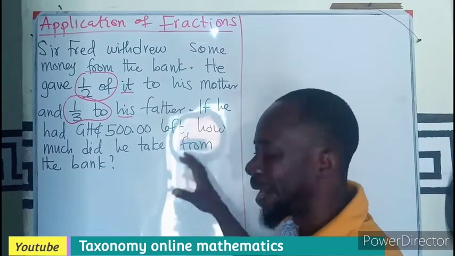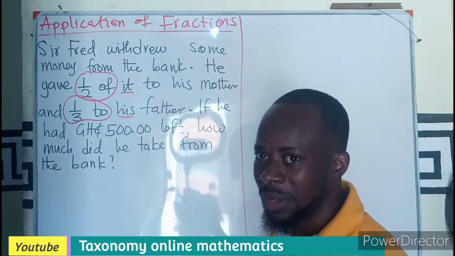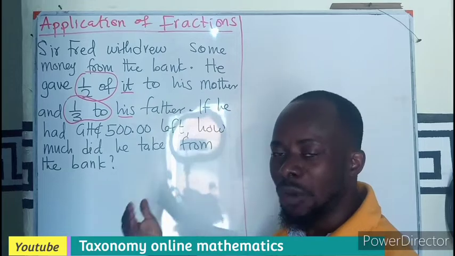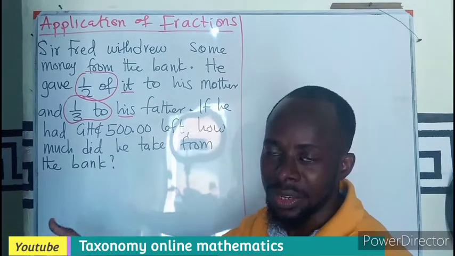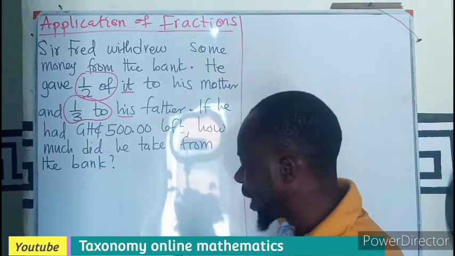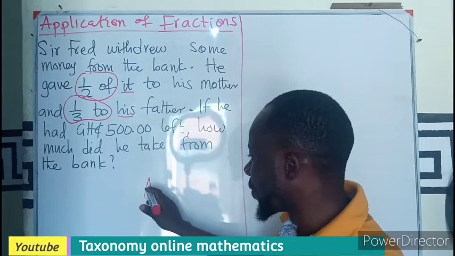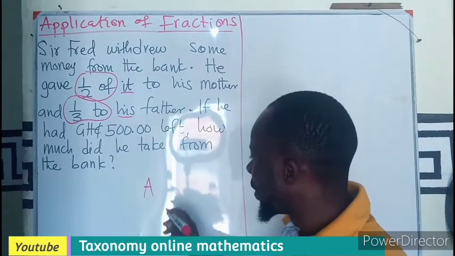So we are looking for the amount taken. We can solve this question in 2 ways. One way is to solve it as an equation, whereby we look out for the variable. Let's say this is the amount I have taken.